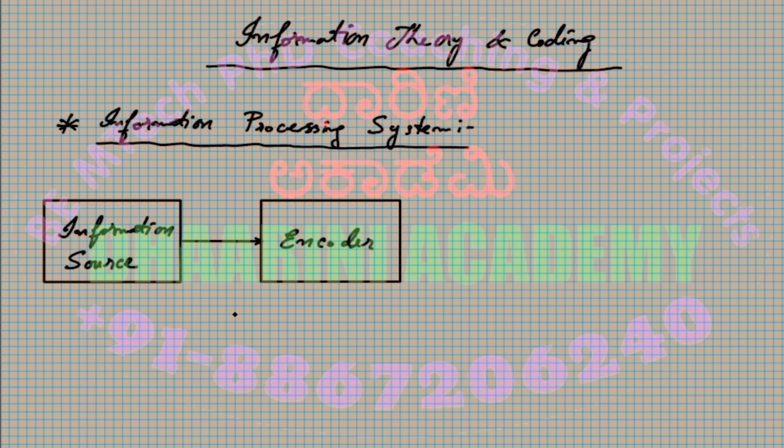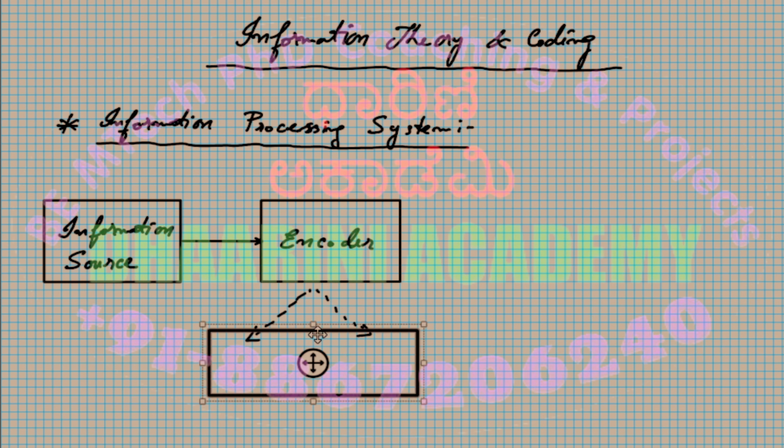So you need to talk about two things whenever you explain the encoder. I'll write here, with dotted lines, not a part of the diagram but just for your reference, that this encoder can have two parts.